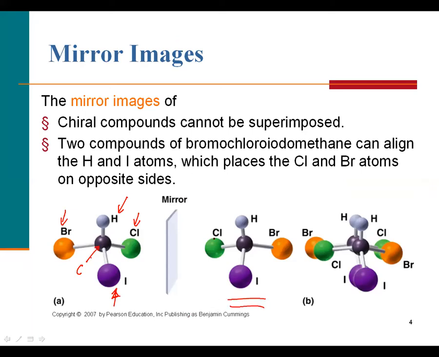And if you take that mirror image, no matter how you rotate it, you may get a couple of things to match up, but you'll never get all 4 things to correctly match up, even if you rotated it any which way in 3-dimensional space. And that's sometimes very hard to visualize.